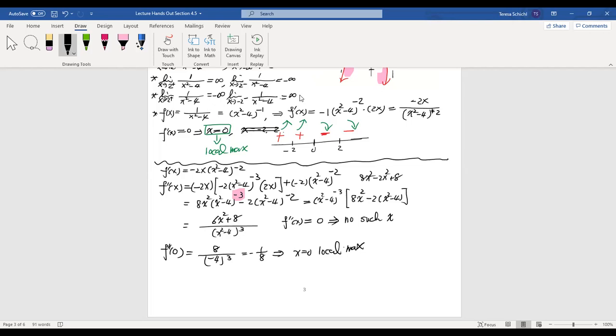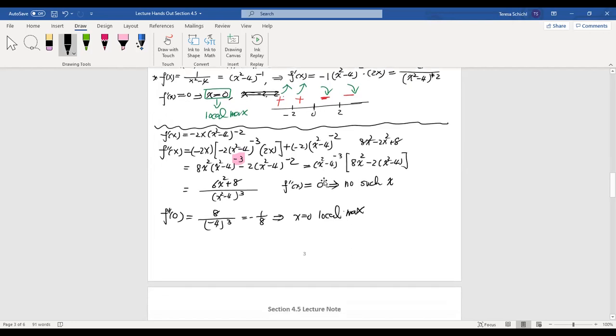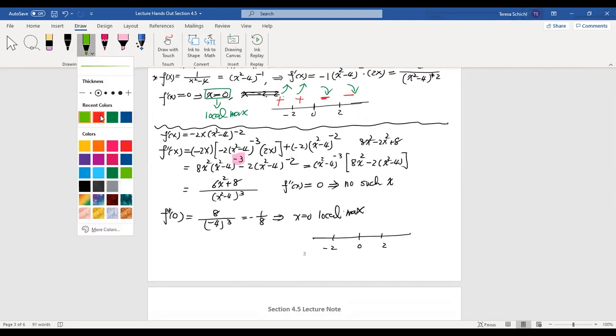Okay, now let's take a look at the concavities here. I don't have any inflection points, so I can still put here 0, 2, and -2. Now let's decide whether it is positive or negative. When x is large and positive, the top is always positive.